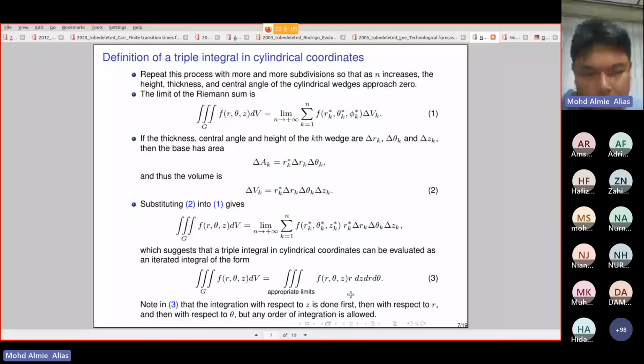Note that from 3 here, as you can see, integration with respect to z is done first, followed by r and theta. But of course, as we've seen before, we can change the order of integration, as long as appropriate limits are given to your integral.